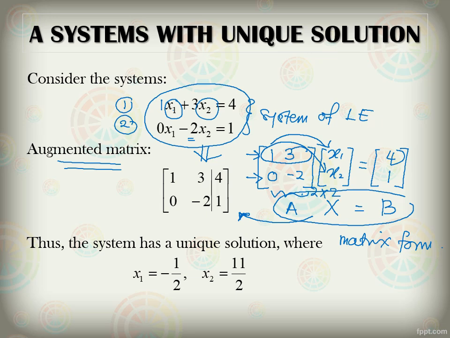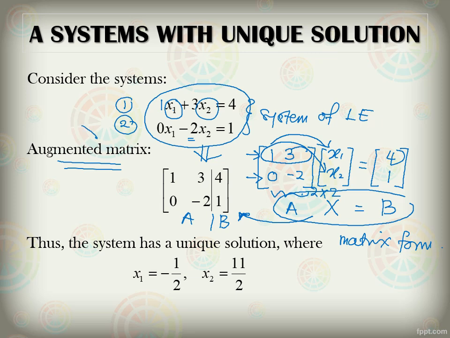When you write your matrix A next to your matrix B in the square bracket like this, and you separate matrix A and B by using the straight line here.